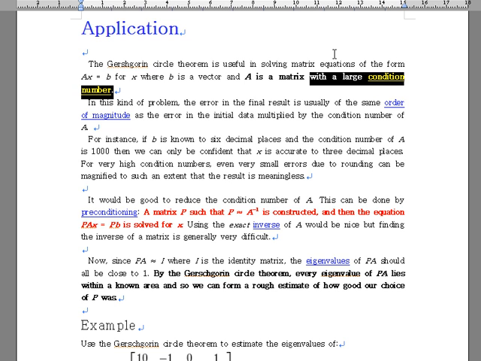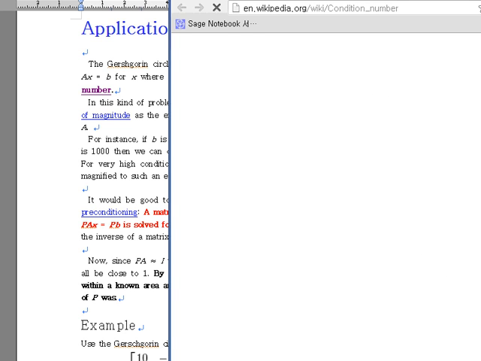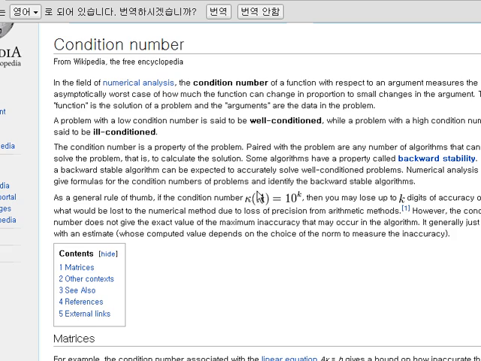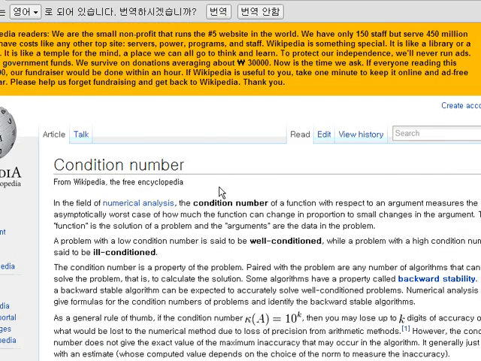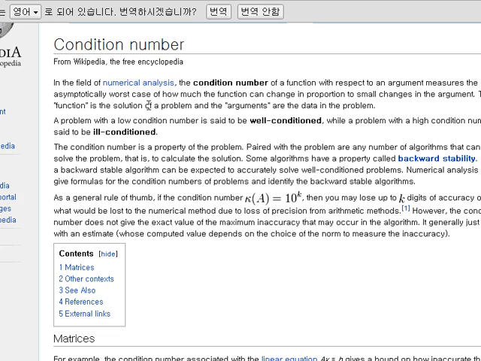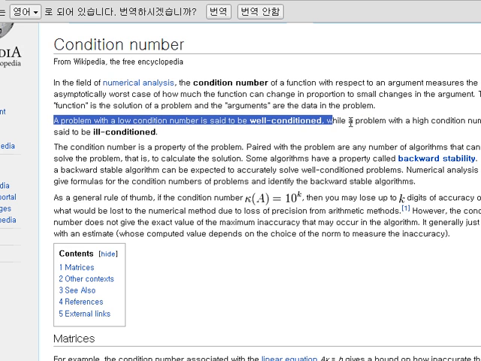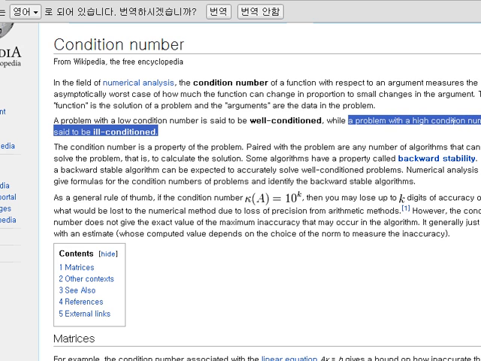Condition number. Is there anyone who knows the condition number? Here is the definition of condition number in Wikipedia. In numerical analysis, a condition number is widely used. A problem with a low condition number is said to be well conditioned, while a problem with a high condition number is said to be ill conditioned.